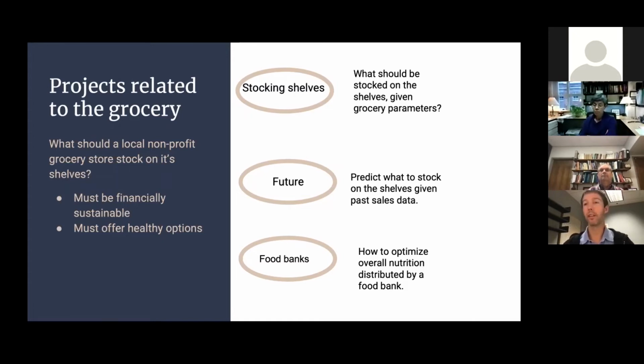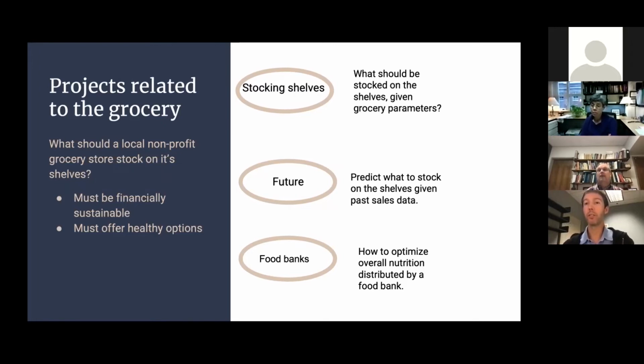Also, things like overhead cost of the food and prices that you could charge. We combined that with local demographic data that told us how much purchasing power a local resident has on average. Ultimately, we want to make a decision about what we should put on those shelves.